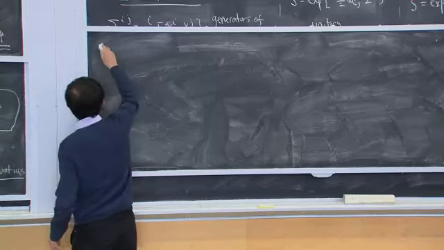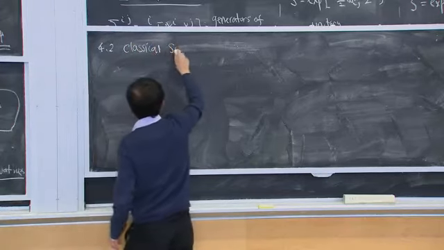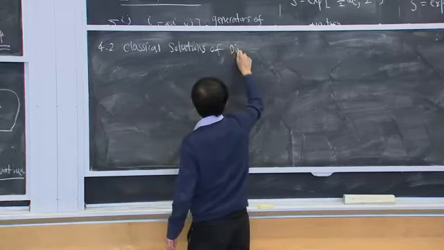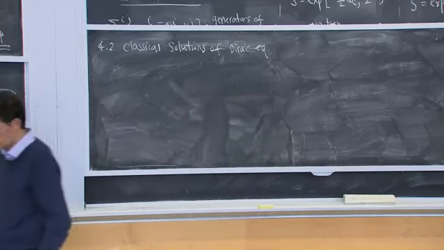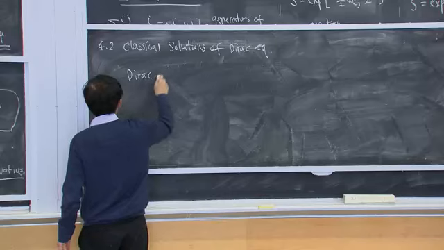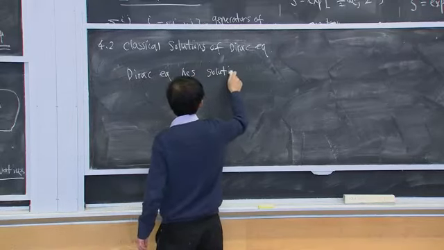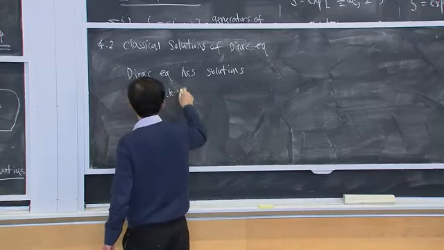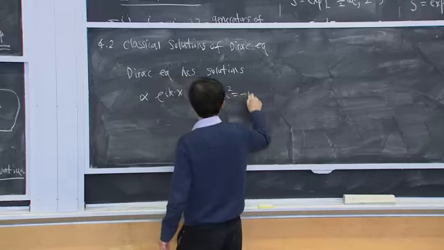Okay, so now we have classical solutions. By construction, the Dirac equation has solutions proportional to e^{ikx} with k squared equal to minus m squared.